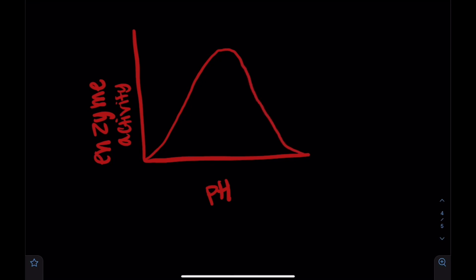And then, of course, we're going to have an optimum pH. And this is going to be our optimum. And same goes. So the further away you get from the optimal pH, the more the enzyme is going to be distorted or denatured, or it's going to slow down the rate of the reaction. So that goes for whether the pH is going to be lower or even higher.